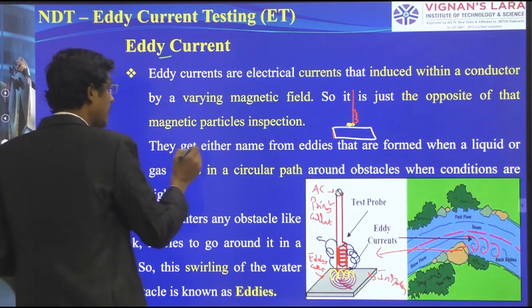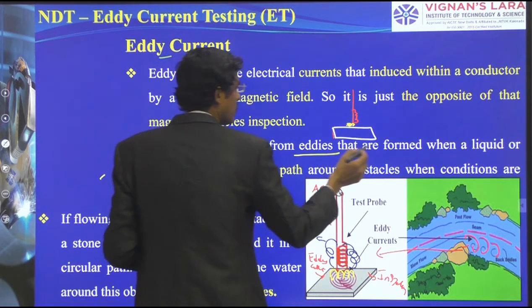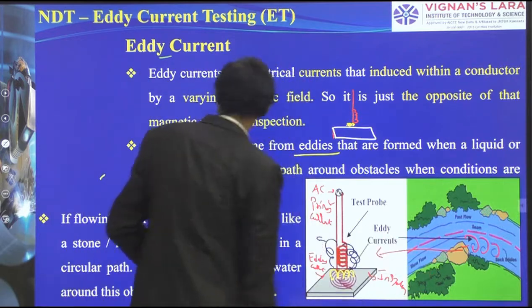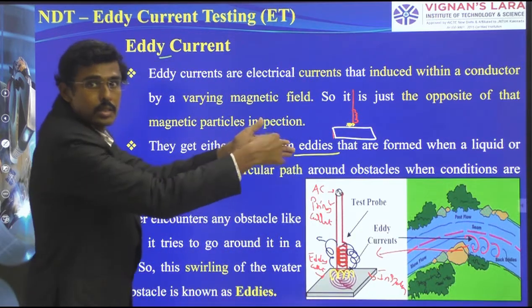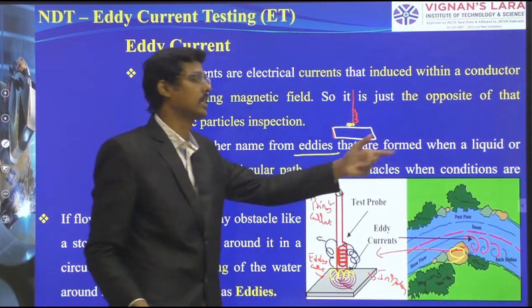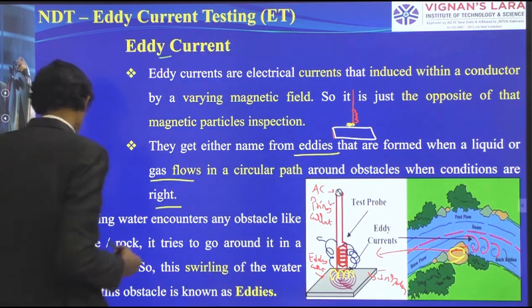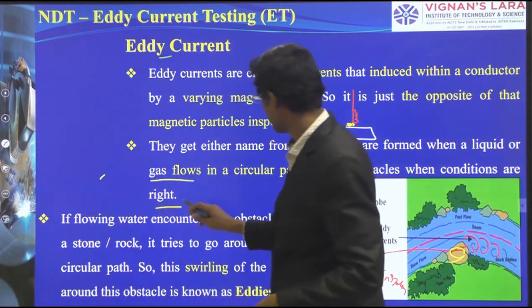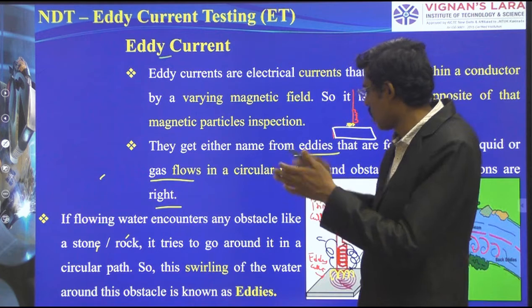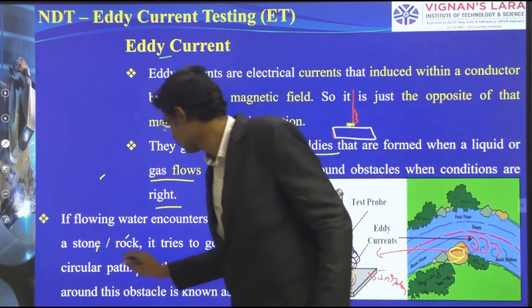Eddies are formed when a liquid or gas flows in a circular path around obstacles when the conditions are right. If flowing water encounters obstacles like stones or rocks, it tries to go around them in a circular path.